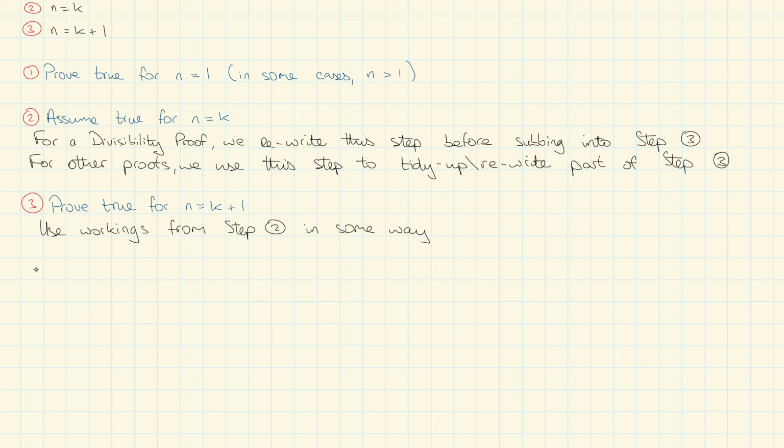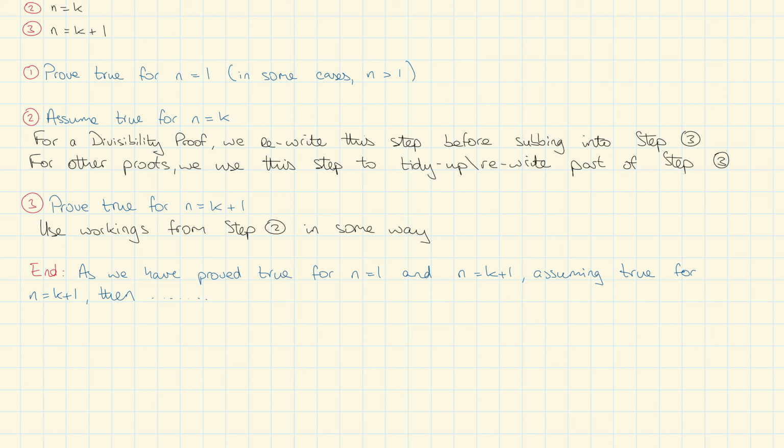Okay, and then to finish, you'll give kind of a generic statement, and you'll say, as we have proved true for n equals 1 and n equals k plus 1, assuming true for n equals k plus 1, then, and this is where you put your question that they would have given you up at the top, and you just give that statement back to them.